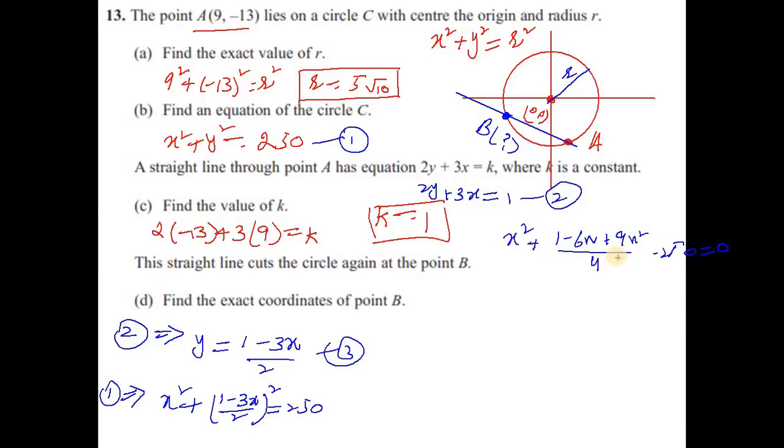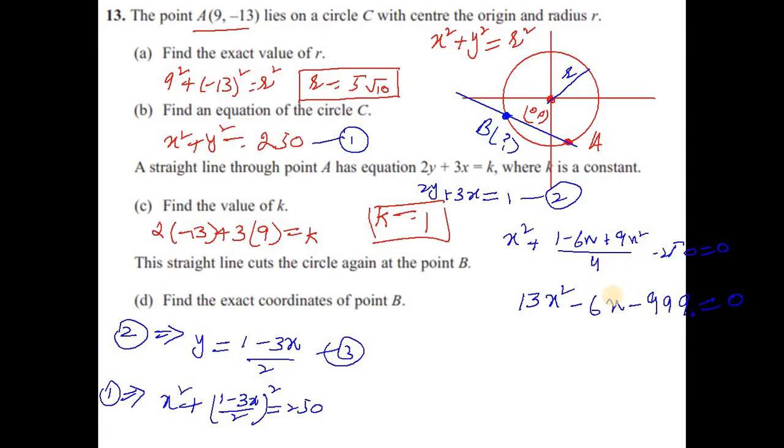You take the LCM and simplify this equation. At the end you have 13x squared minus 6x minus 999 equal to 0.